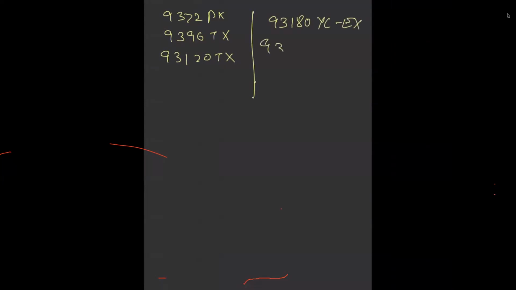Okay, so 9372PX, then 9396TX, 93120TX, like that. These are supported. Now the second gen is going to have the model numbers 93180YC-EX, 93108TC-FX.